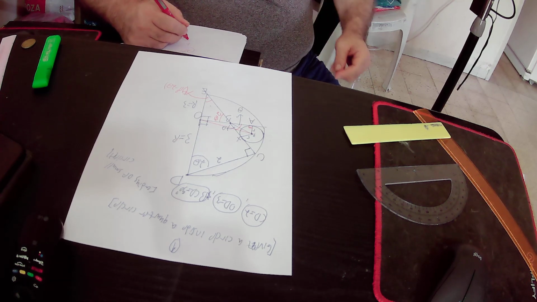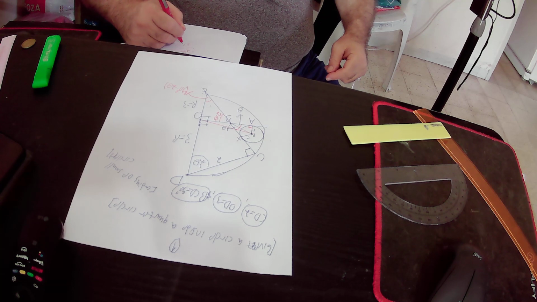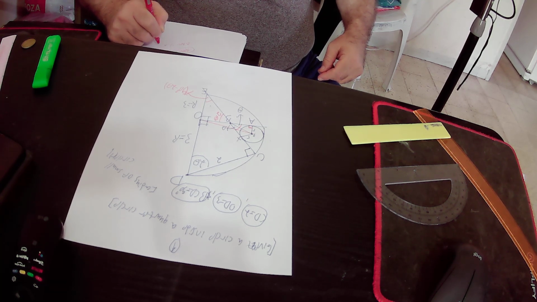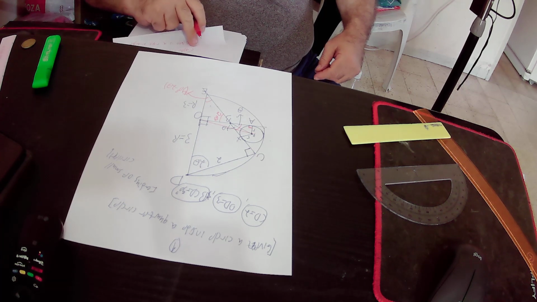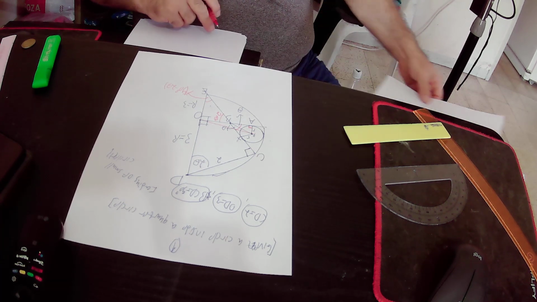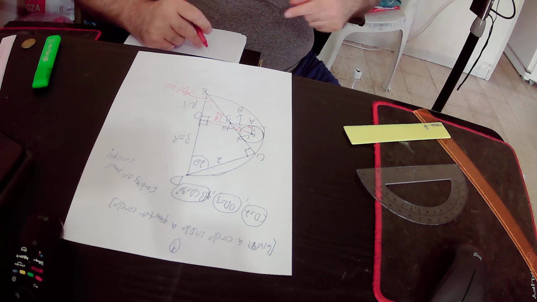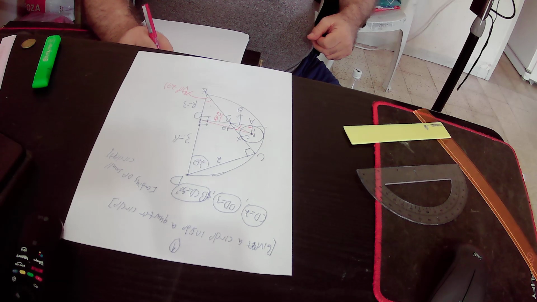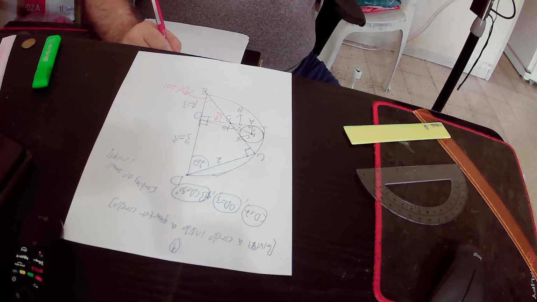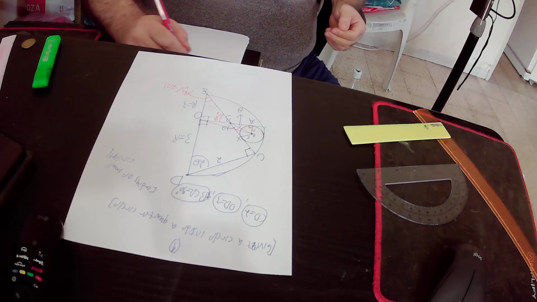Triangle APO is a right triangle. That is to say, we can implement the Pythagorean theorem on the right triangle APO. According to the Pythagorean theorem, the square of the hypotenuse equals the sum of the squares of the perpendiculars.